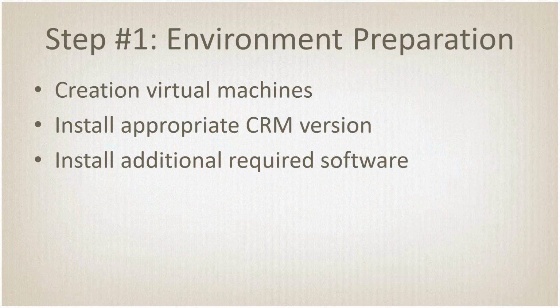So that's a possibility. But, as a side, you can create a virtual machine for your testing and upgrade process for your 2015, and just use that as your development server after you've gone to production with the 2015. So again, you create your virtual machines, one for each environment you need, install the appropriate version of CRM, then install any additional software that you might need.